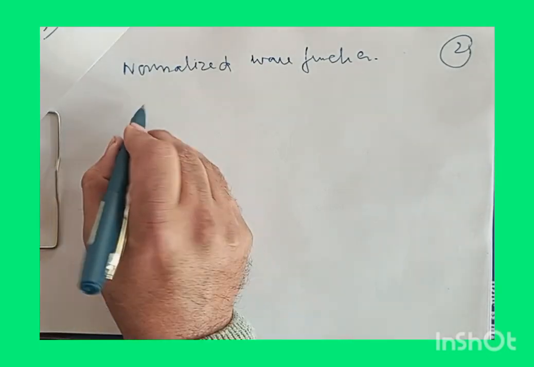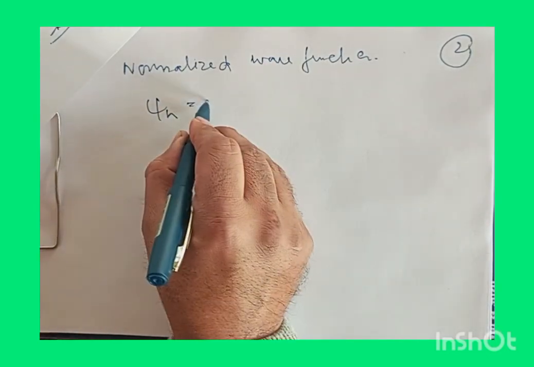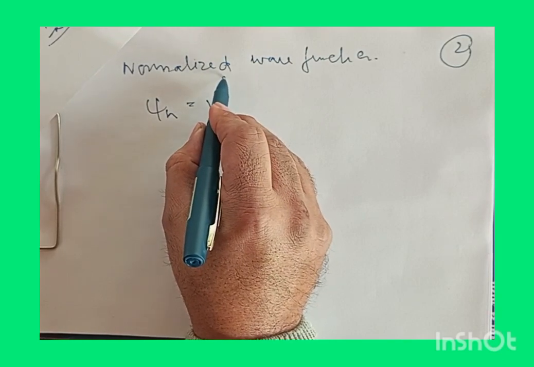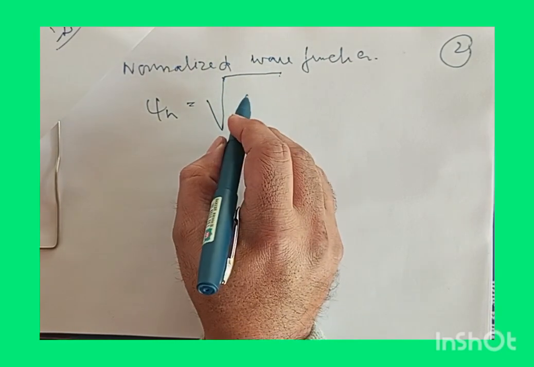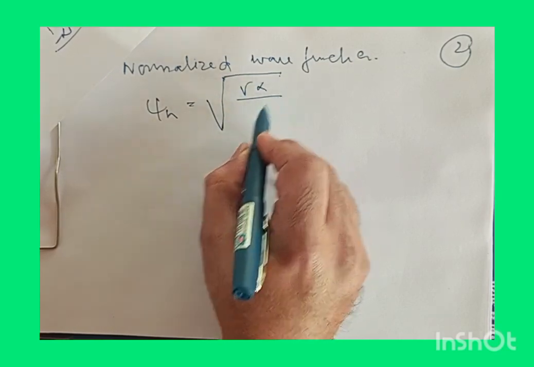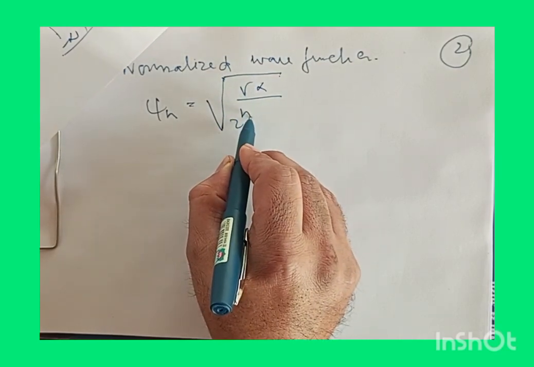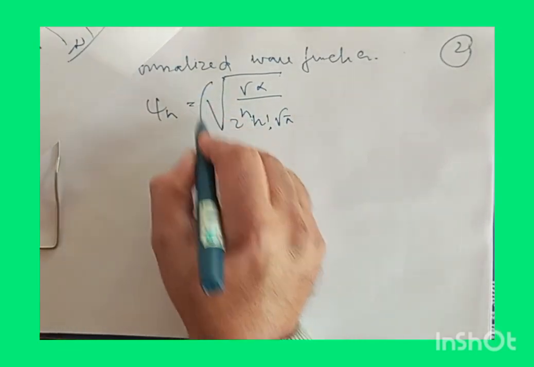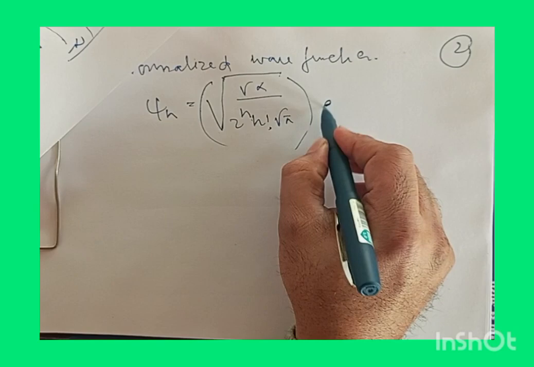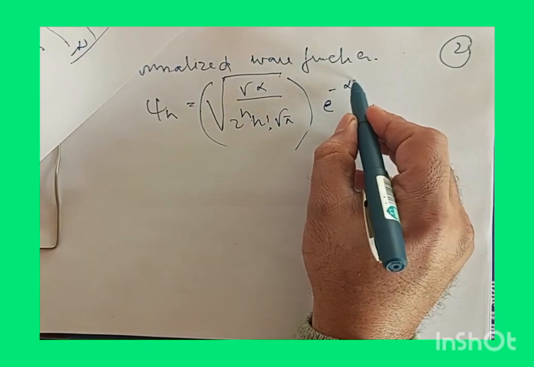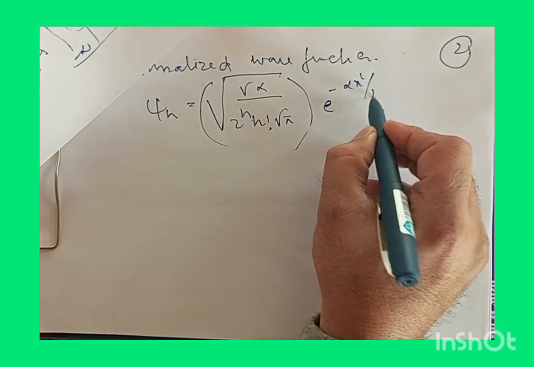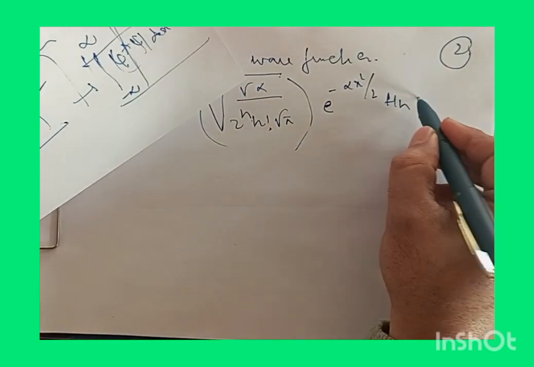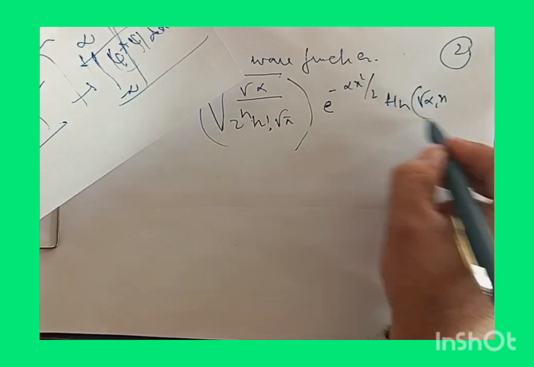So what would that be? That would be psi n equals under root of alpha divided by 2 to the power of n, n factorial, under root of pi, and then we will have e to the power of minus alpha x squared by 2, then we will have Hn of under root of alpha times x.